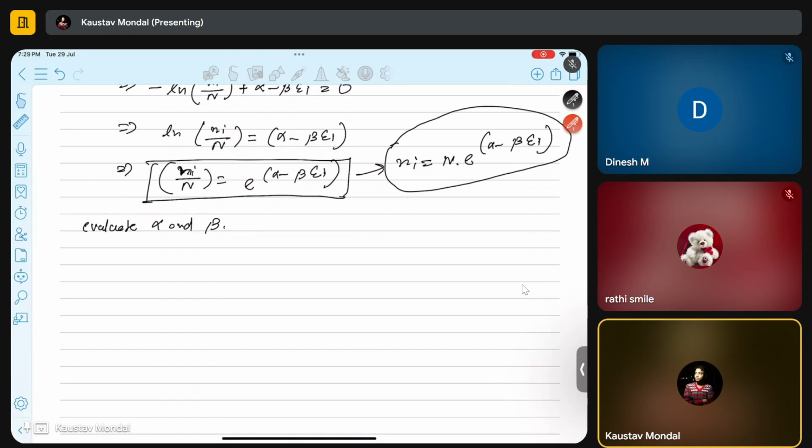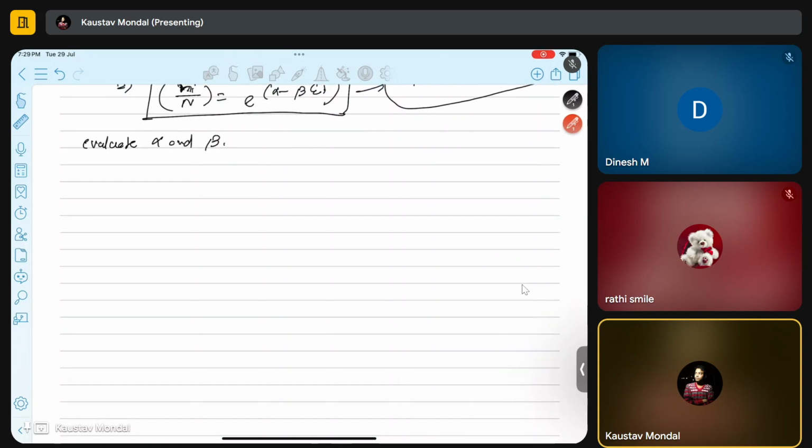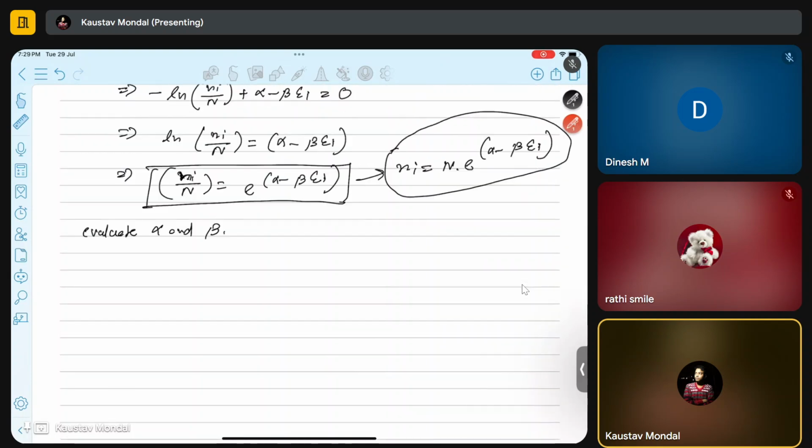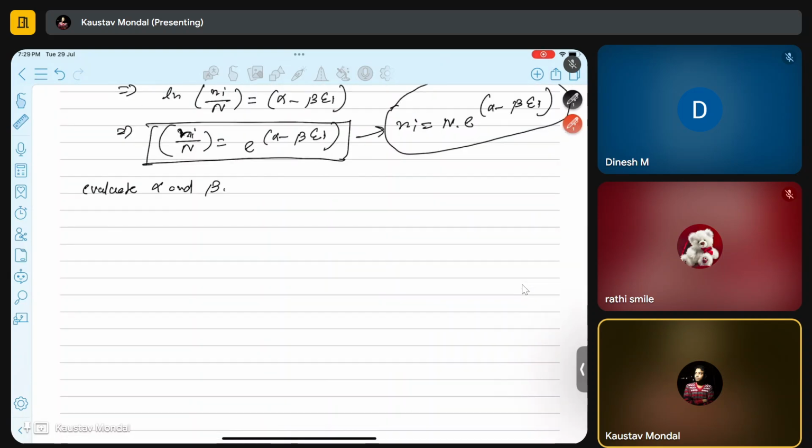So the evaluation would be like this. The summation over i of Ni is N, because in this equation, the summation over i gives N into e to the power alpha into e to the power minus beta Ei.